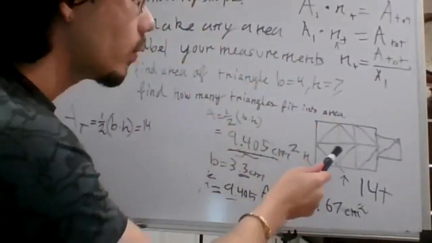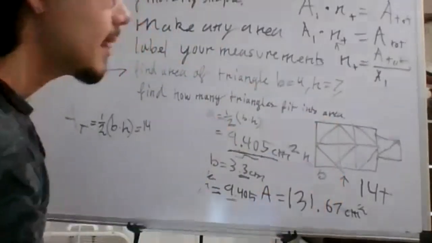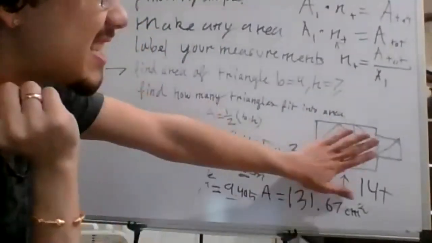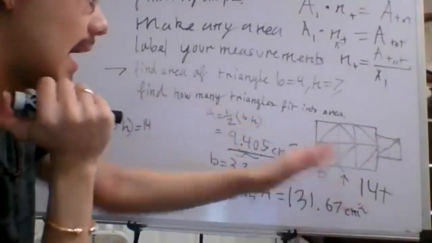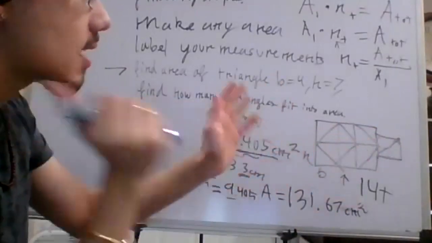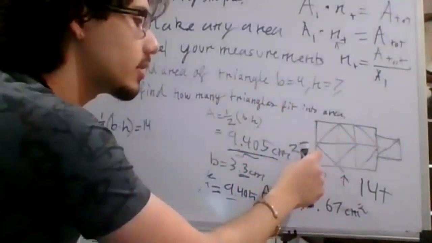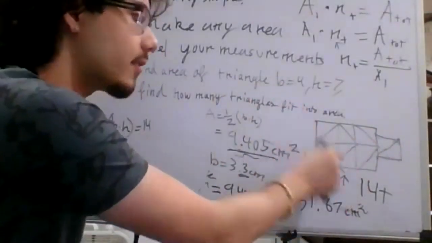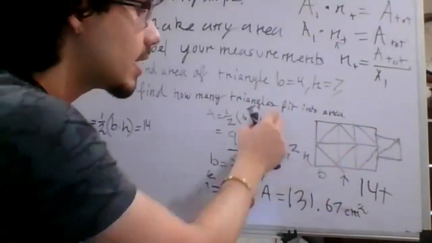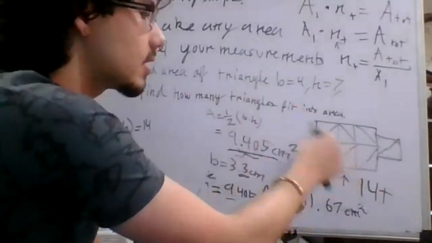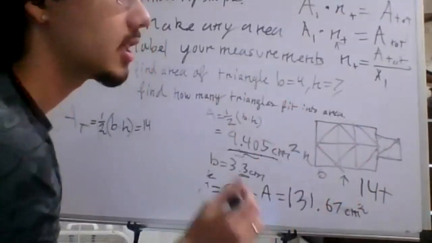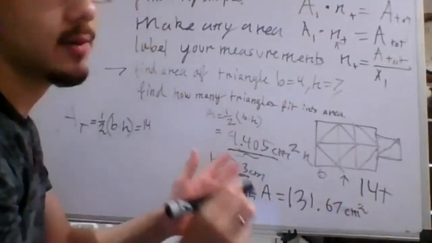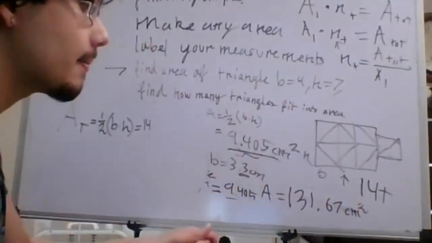What we said when we made our little model here is that we said, let's say that all of these squares are the same. And since all the squares are the same, all these triangles are just cutting the square in half. So because all the triangles are cutting the square in half and all the squares are the same, that means all the triangles should be the same by what we said when we made our little model here.